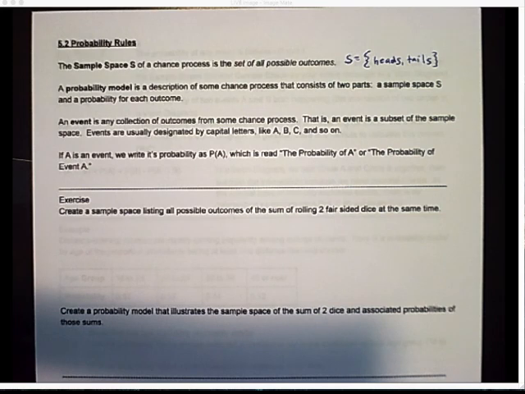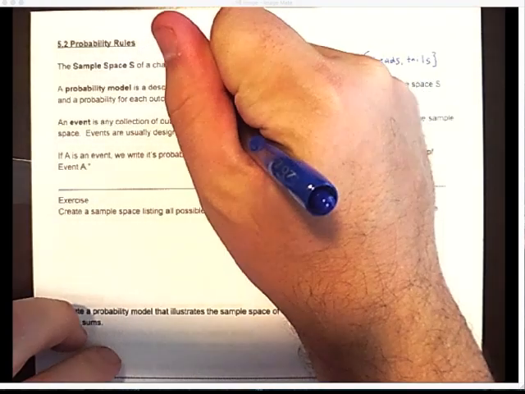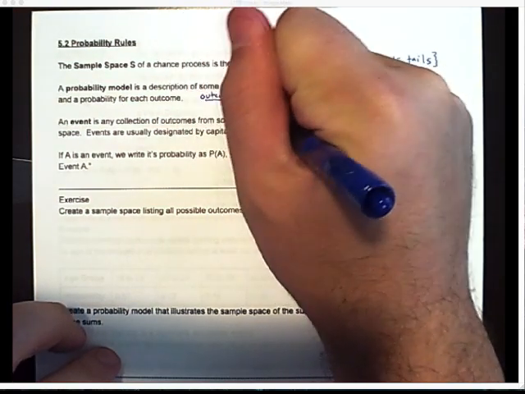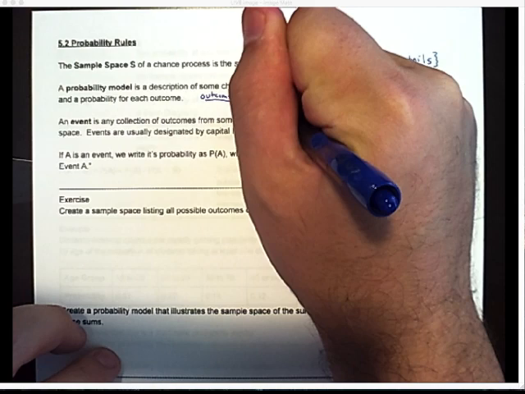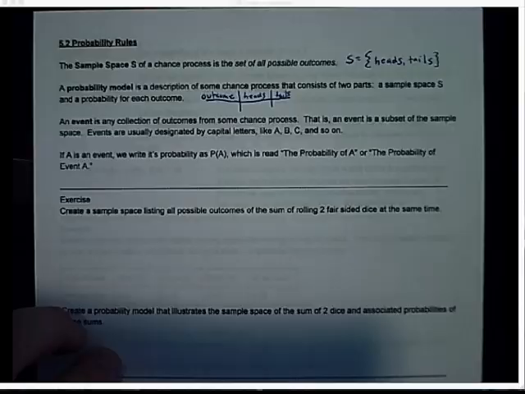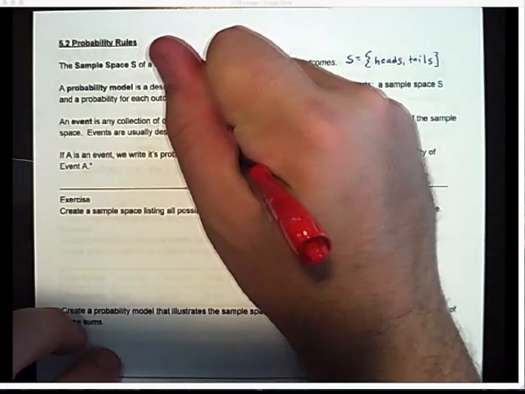A probability model is a description of some chance process that consists of two parts, a sample space S and a probability for each outcome. So if I wanted to make a probability model for a flip of a coin, I could say something like this. I could say outcome, heads or tails, and then I could list the probabilities.